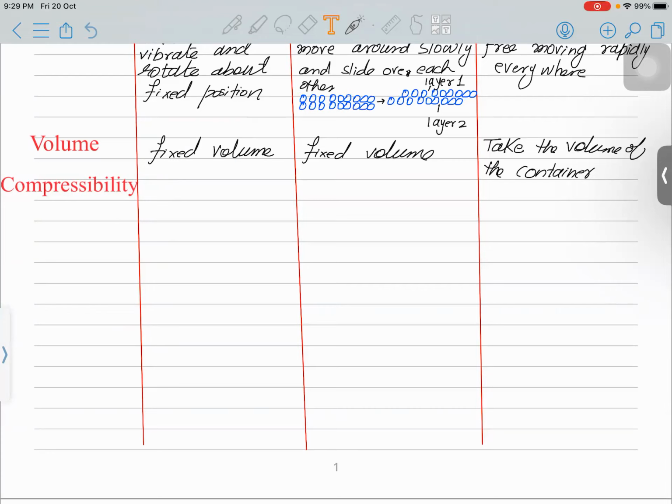No, sir. We can't. Not compressed. We cannot compress liquid.